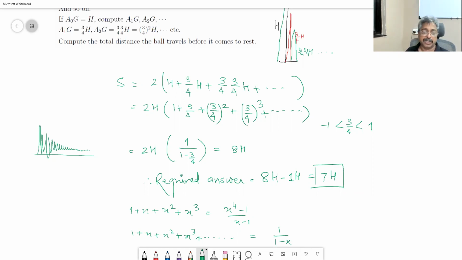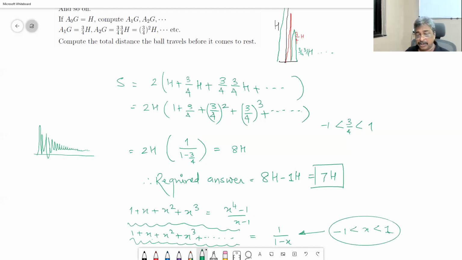This is the generating function that we have written, which is actually the summation of infinitely many terms in GP with common ratio x, and here we are supposed to write that -1 is less than x is less than 1. Then it is actually true. Otherwise, if x is greater than 1 or less than -1, this is not true.